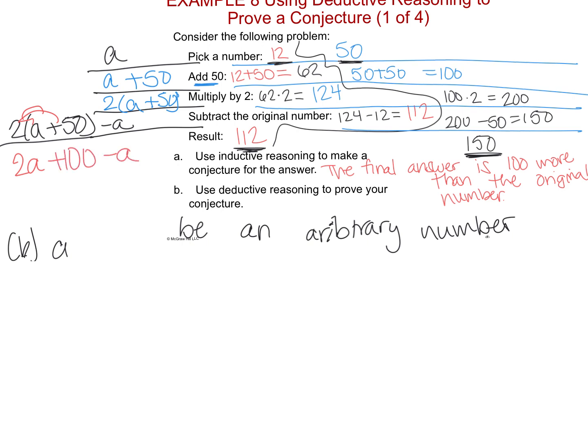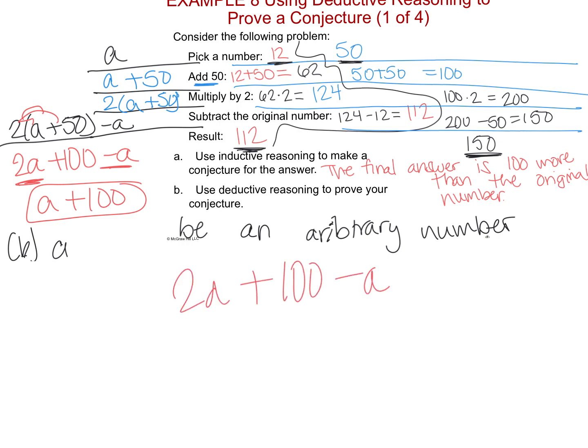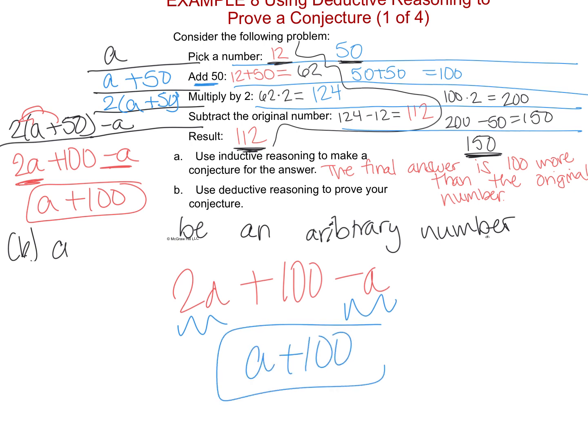So I have 2A plus 100 minus A. The A's go together. 2A minus 1A is A plus 100. All right, so that shows that our conjecture is right. The final answer is always 100 more than the original answer.